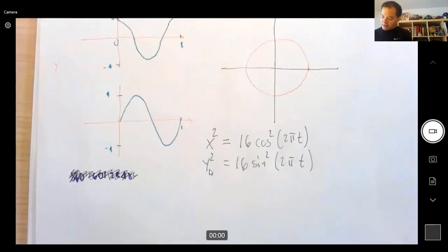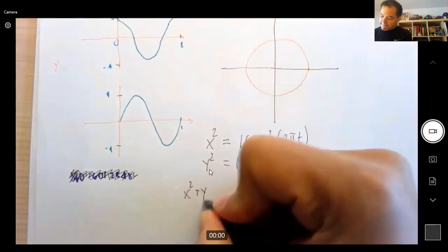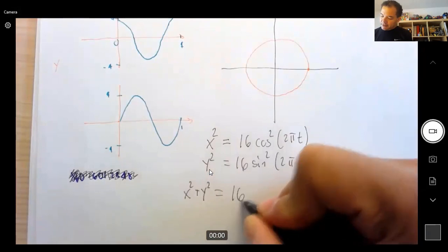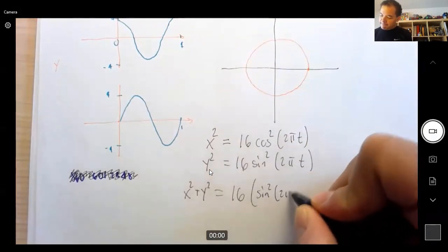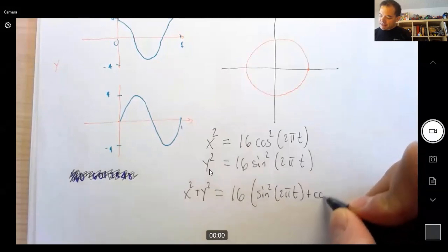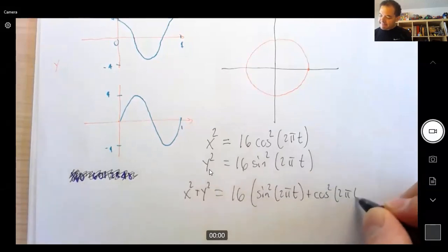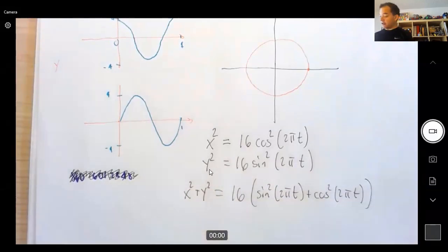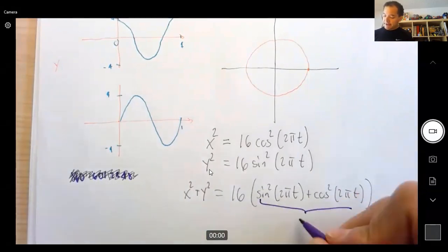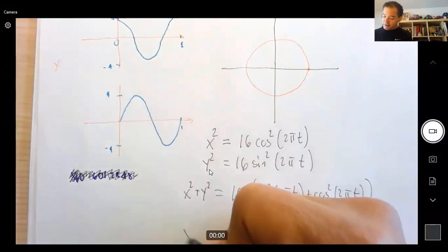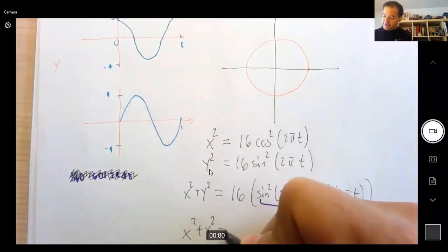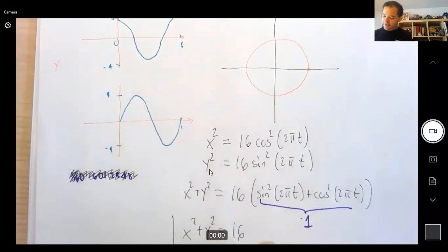And then what's x squared plus y squared? When I factor the 16, we get the expression that I was telling you about, sine squared plus cosine squared, and we know that's 1. So by eliminating the parameter in this way, we got this equation, x squared plus y squared equals 16.